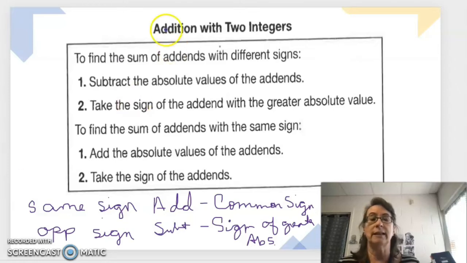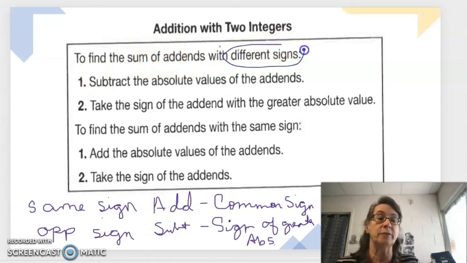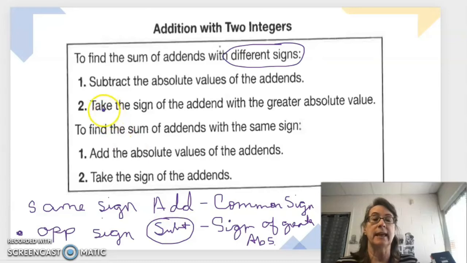All right, so let's look at these. To find the sum of addends with different signs, so we're talking about this one down here, subtract the absolute values of the addends and then take the sign of the addend with the greater absolute value.